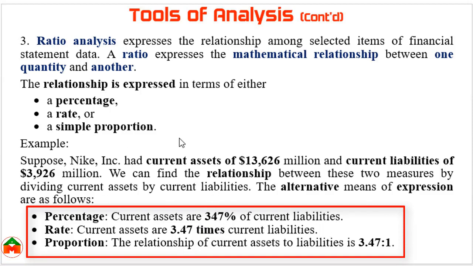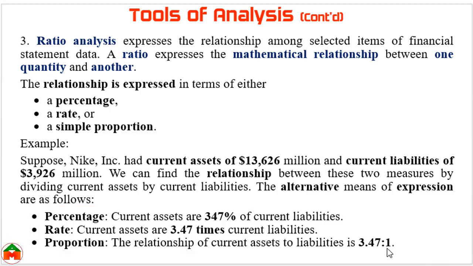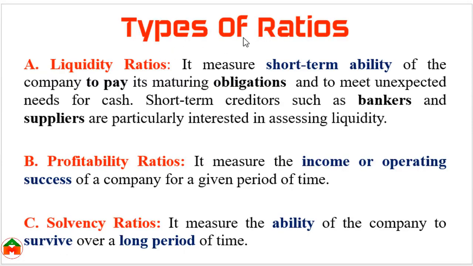Expressed as a rate or times, current assets are 3.47 times the current liabilities. As a proportion, it is 3.47:1.